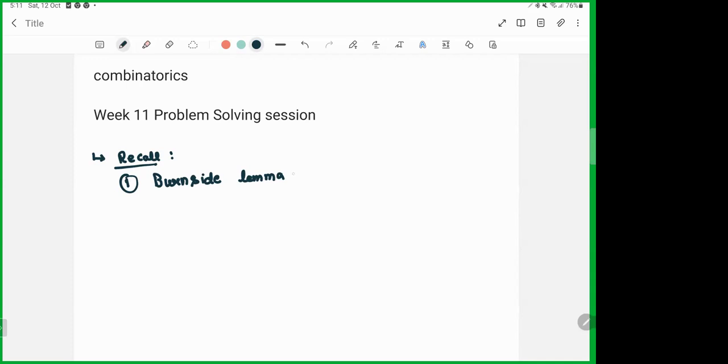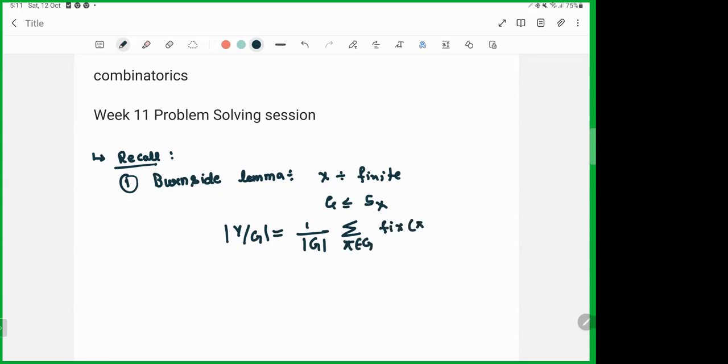If we have a finite set Y and a subgroup G of the symmetries of Y, then the cardinality of the orbit space is the average, over the permutations in G, of the number of elements fixed by each permutation. So we began with this.